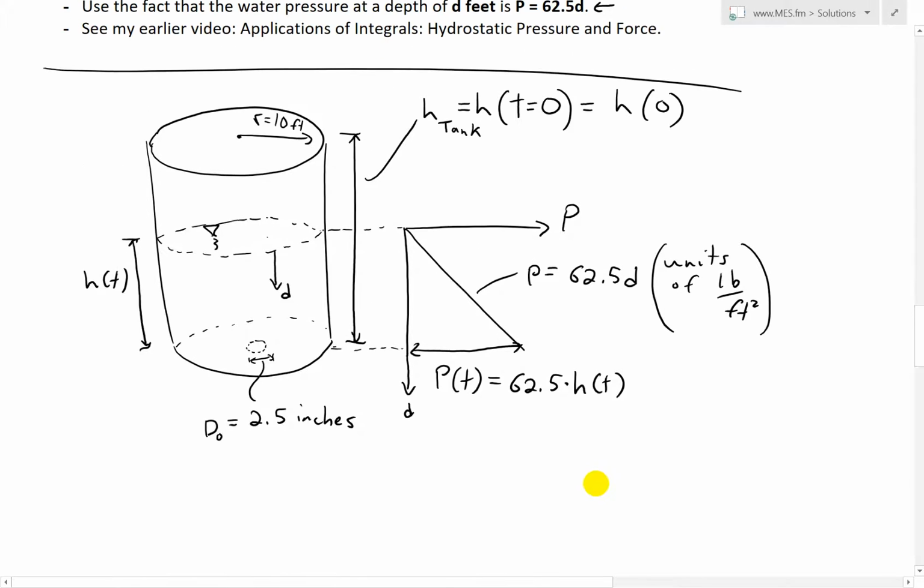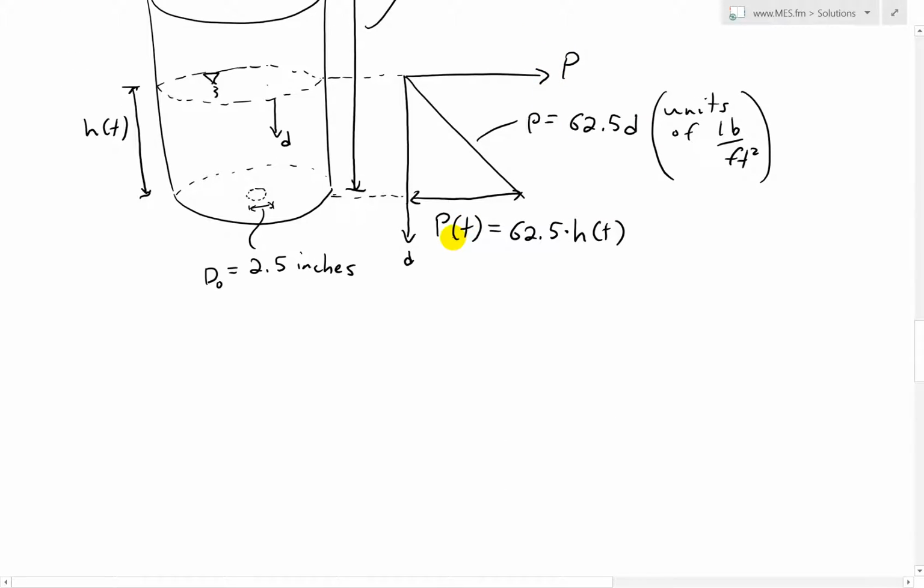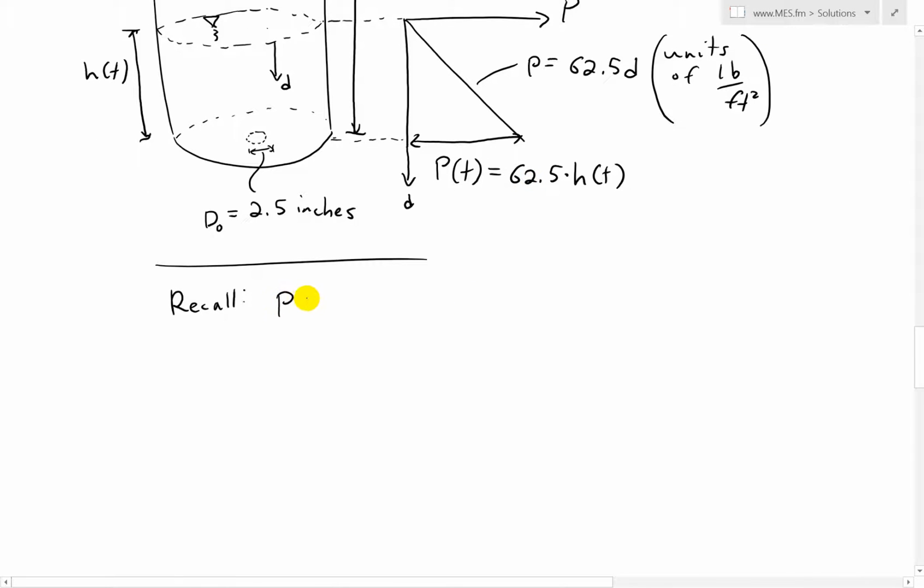And now before I get to the condition we have to meet, we're dealing with time right here, so I just want to ensure that the units are correct. Recall from my earlier video that this pressure formula is equal to mass density times gravity times d, which in US customary units is actually using the weight density as I explained before. This is the Greek symbol delta.